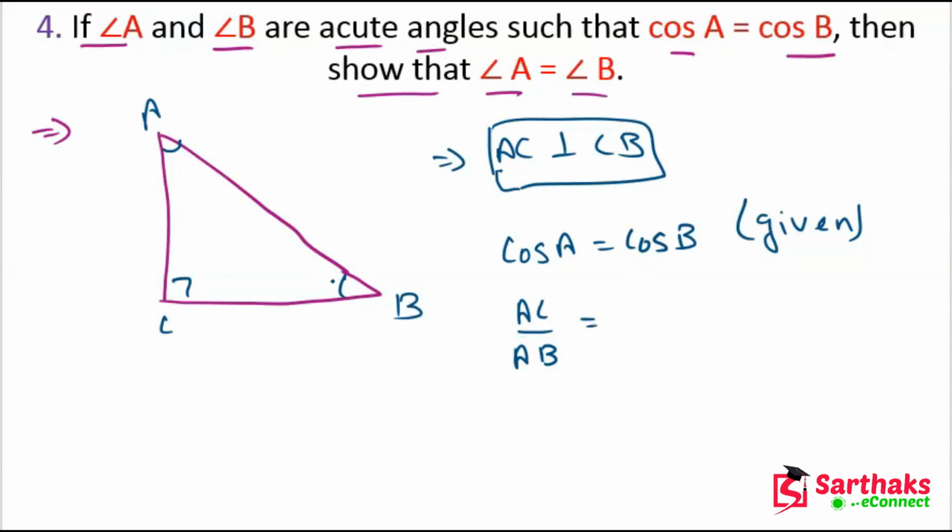And the value of cos B, with respect to B, means CB upon AB.